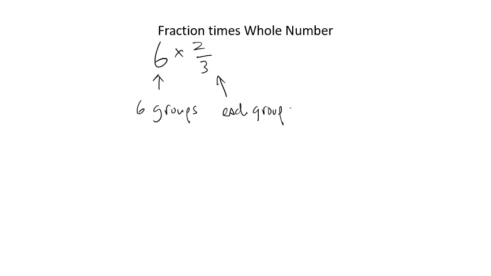So we can look at problems like a fraction times a whole number. So say we have 6 times 2/3. We could take this as 6 groups where each group is 2/3.